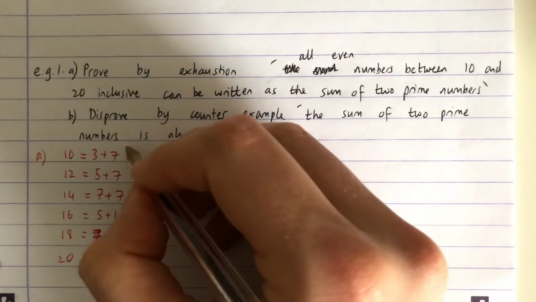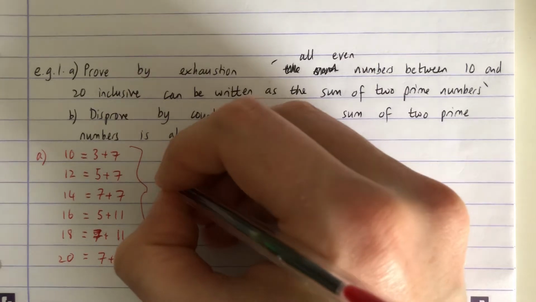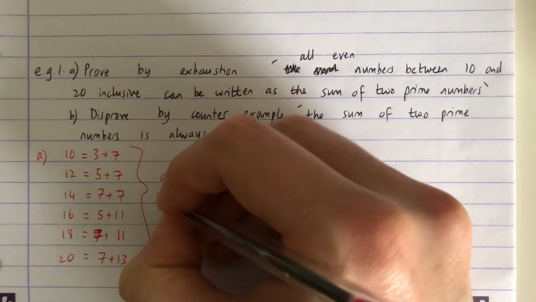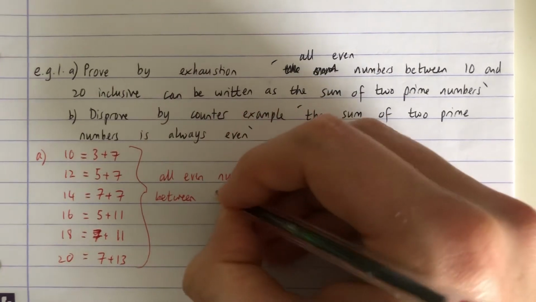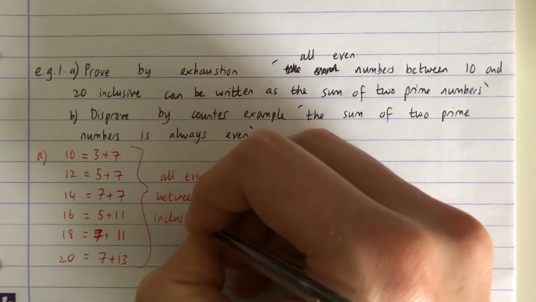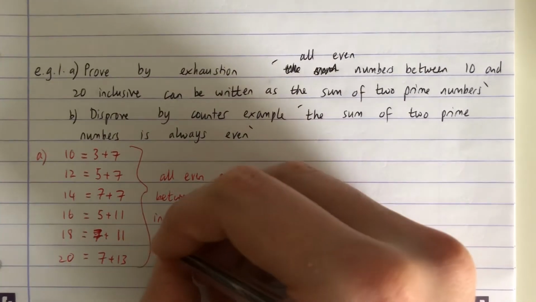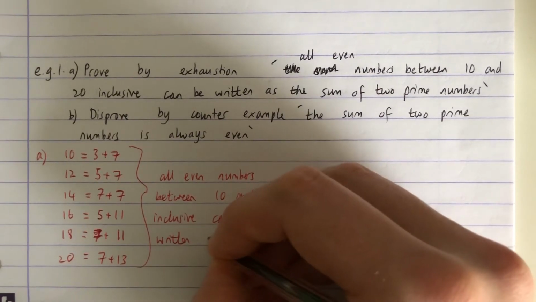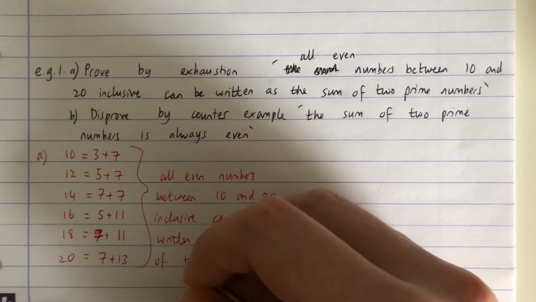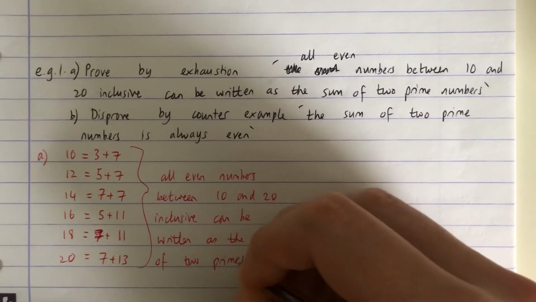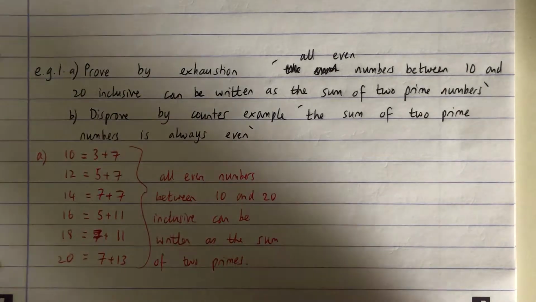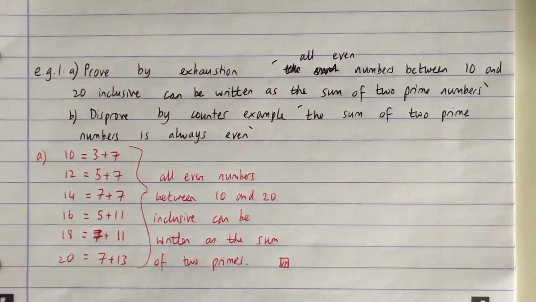So yes, all even numbers between 10 and 20 inclusive can be written as the sum of two primes. That's my conclusion, and it's really important at the end of a mathematical proof you write a conclusion, and I end my proof with a proof square saying the proof is over.